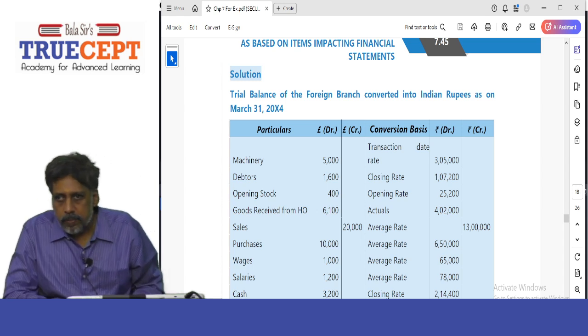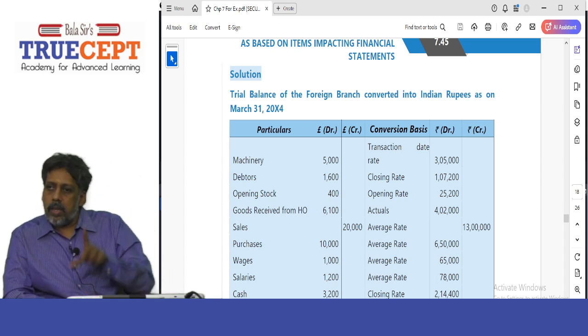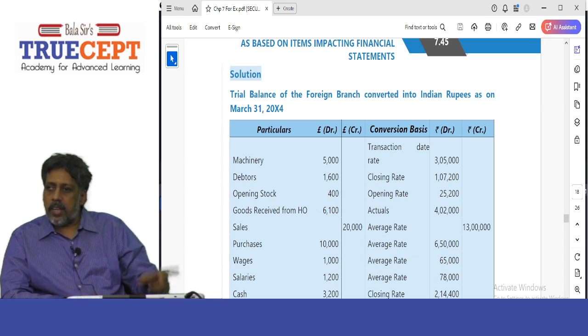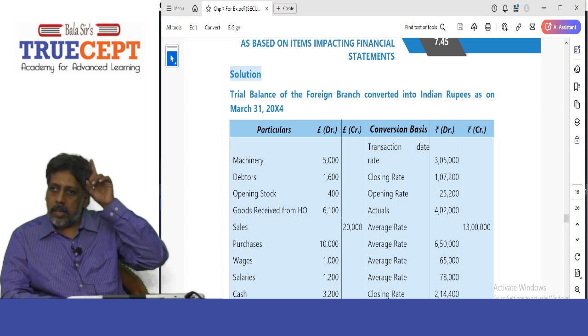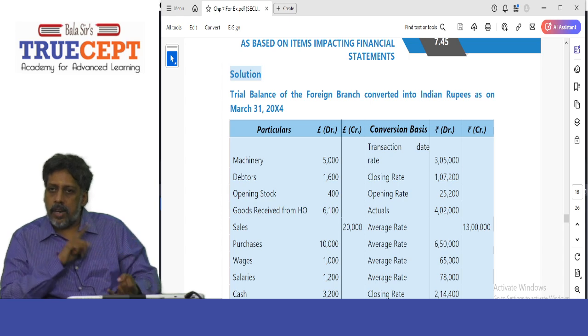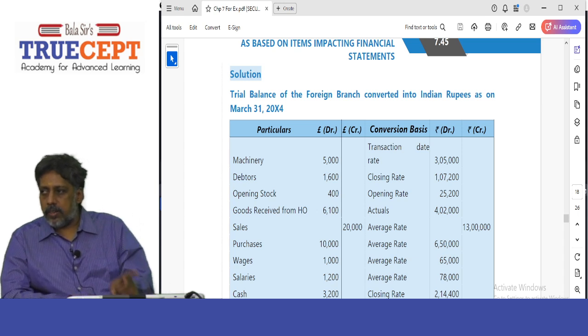Number 2, fixed assets will be translated using the exchange rate between the two currencies as on the date of acquisition. Number 3, opening stock uses the opening exchange rate, and closing stock uses the closing exchange rate.